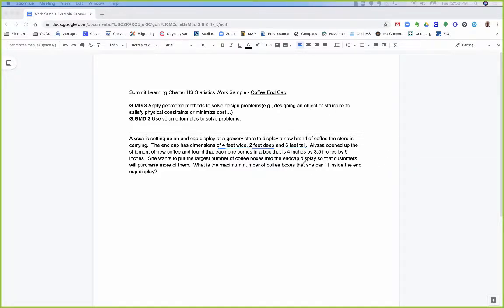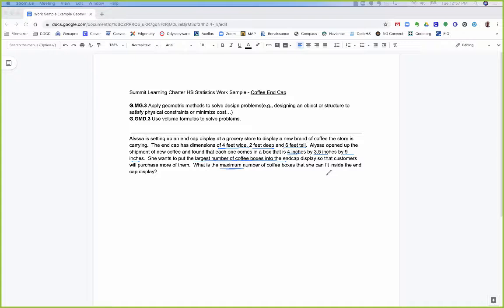Alyssa opened up the shipment of new coffee and found that each one comes in a box that is 4 inches by 3.5 inches by 9 inches. She wants to put the largest number of coffee boxes into the end cap display so that customers will purchase more of them. Here's the question. What is the maximum number of coffee boxes that she can fit inside the end cap display?